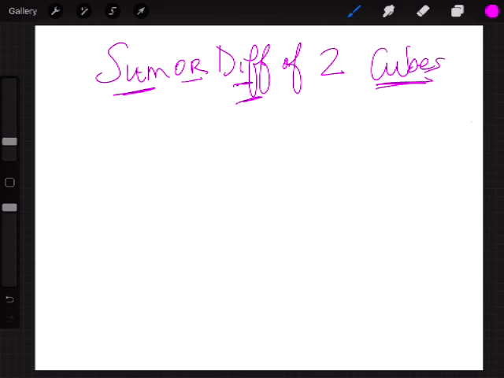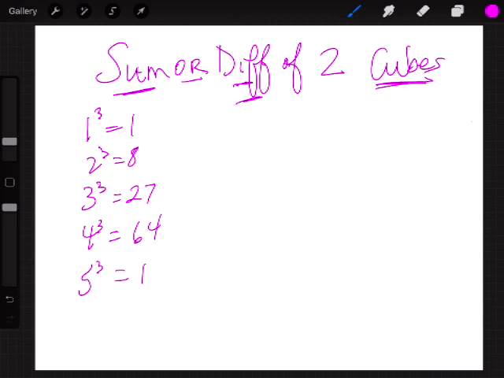Now, first of all, let's talk about cubes. Last time it was perfect squares. This is perfect cubes. So if I do 1 to the third, that's 1. 2 to the third is 8. 3 to the third is 27. 4 to the third is 64. 5 to the third, 125. 6 to the third, 216, and so forth.